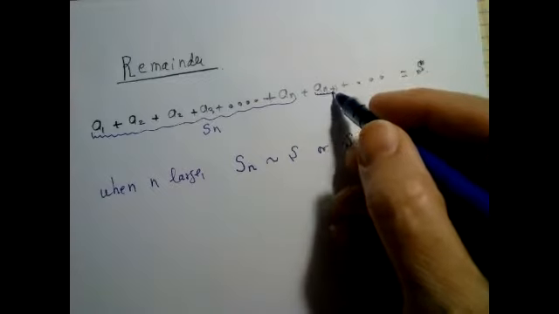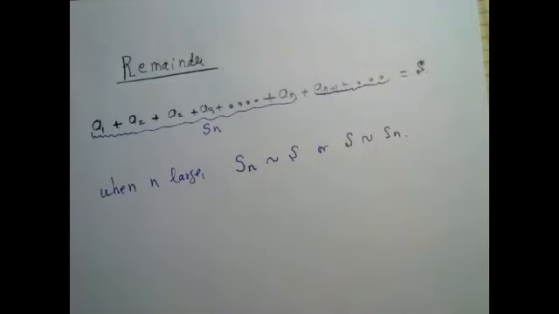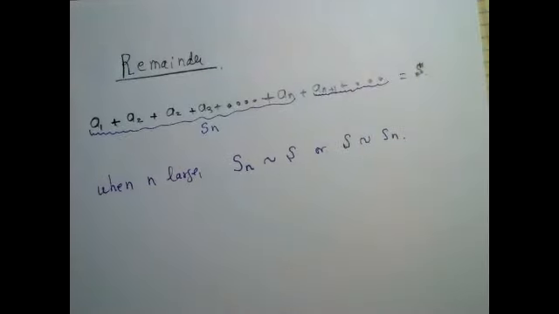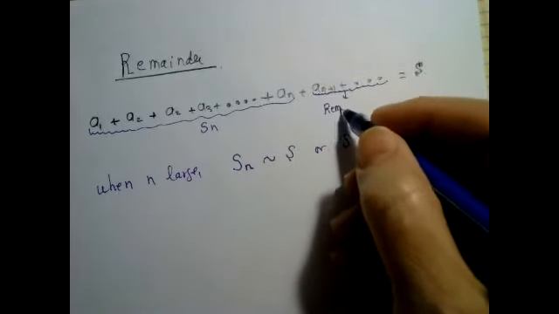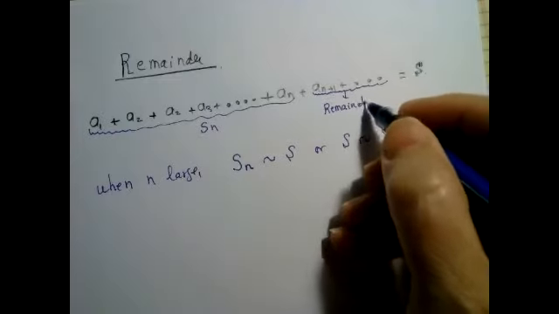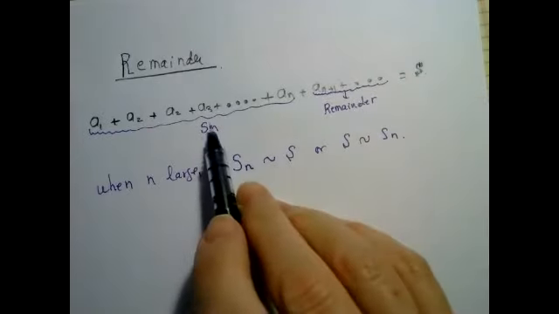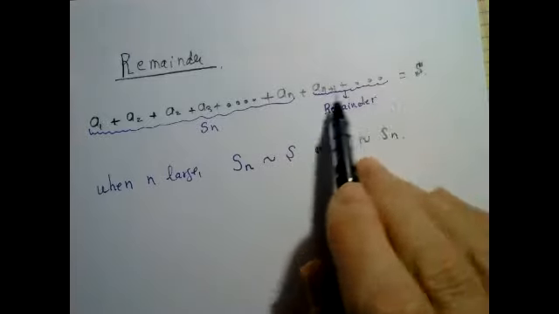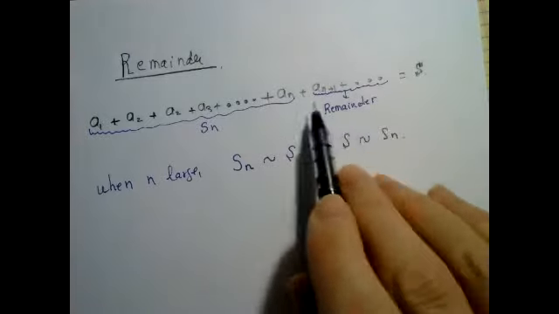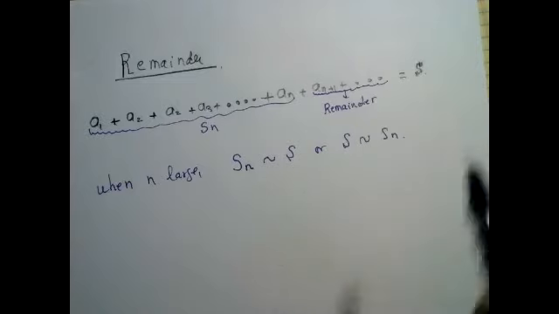There is a piece that we're not taking into consideration. This piece, the leftover piece, is called the remainder. It means if we use the first n terms to approximate the sum, there are still terms we haven't taken into consideration. Those terms are called the remainder.